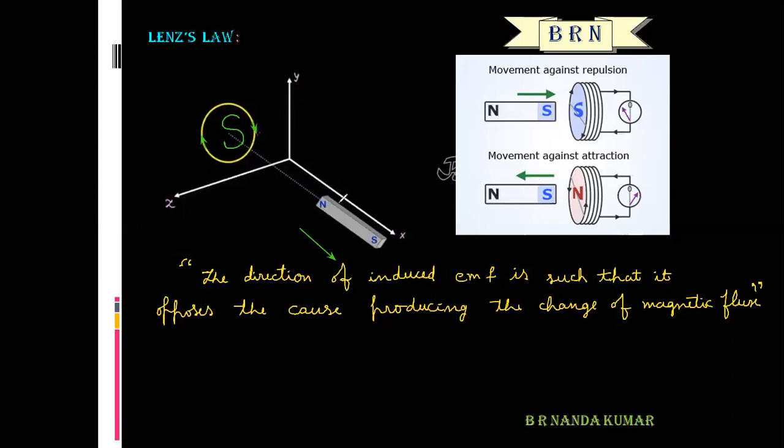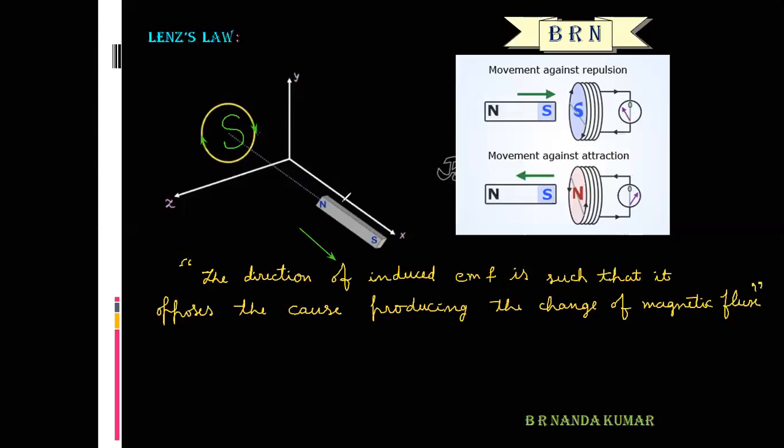So when the north pole of the bar magnet is moving towards the face of the loop, what happens? The number of magnetic field lines passing through the loop changes. So the EMF induced in the loop produces an induced current flowing in the anti-clockwise direction. Is it not?